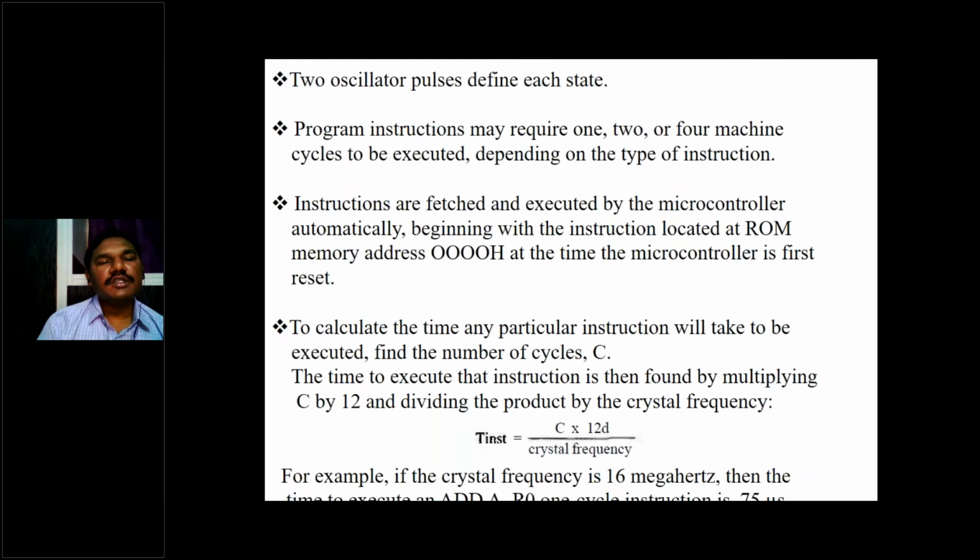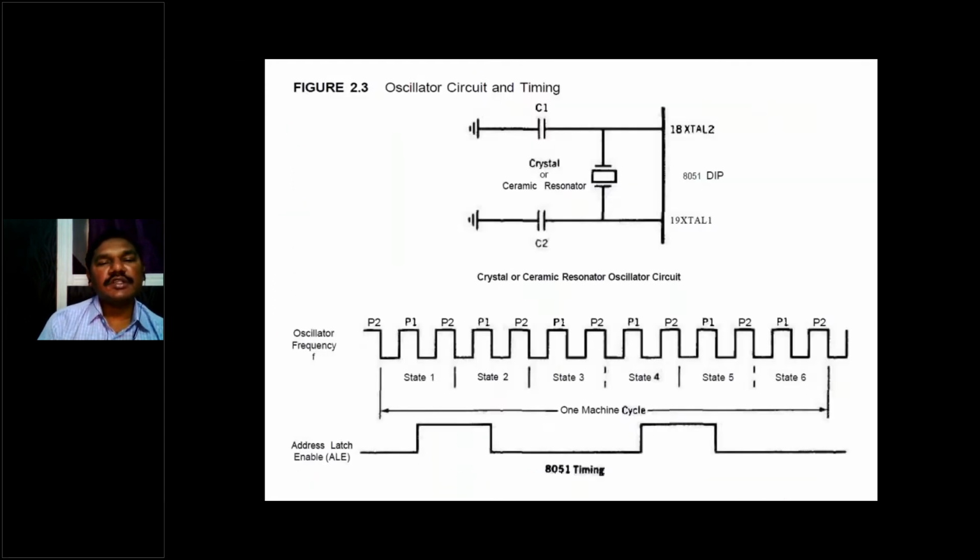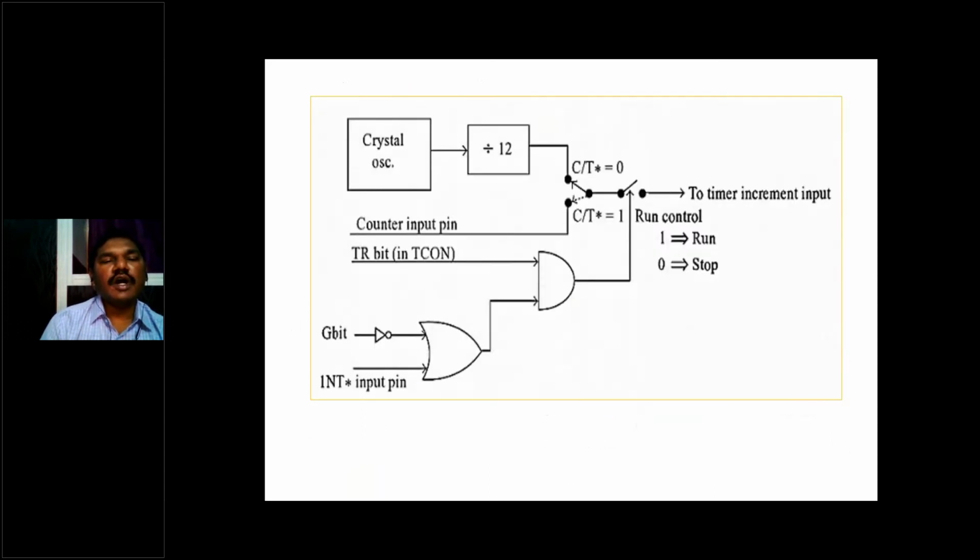So this oscillator has an internal clock generator. That clock generator produces the 12 clock pulses or 6 states, and the clock frequency is again divided by 12.